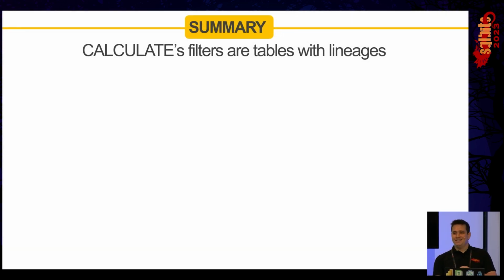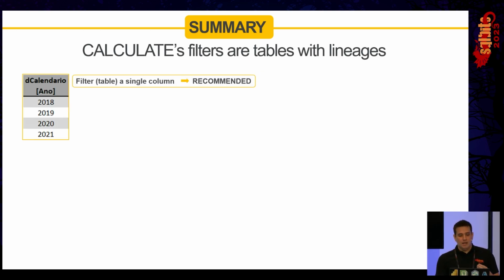Okay, let's do a little summary about the tables. They are the main kind of filters of CALCULATE. You filter a lineage. What is a lineage? It's the full address of a column that resides in a table. So the most recommended approach is to filter a single column, because you're going to have a smaller table and less materialization.